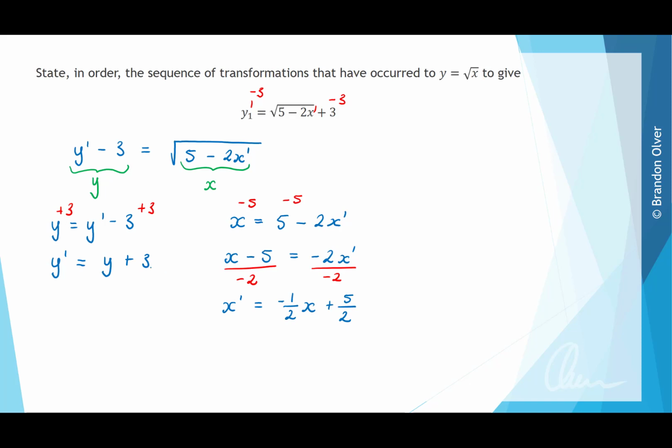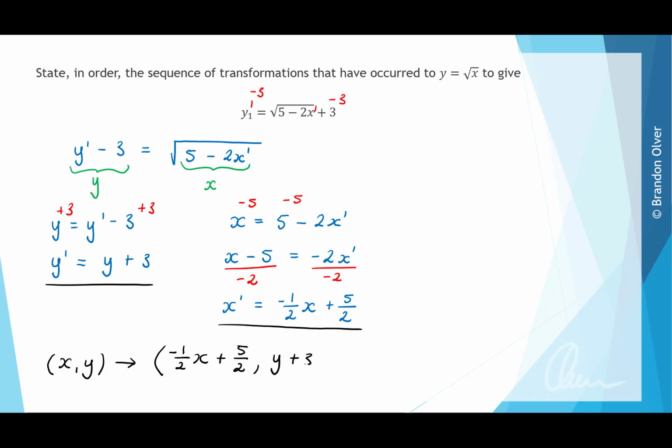So we can now use these two equations to put it back into mapping notation, which can assist us to determine the transformations that have occurred. So we can say that x comma y has been mapped to, and now the x has become, from this equation, minus 1/2 x plus 5 divided by 2, and the y value has become y plus 3.